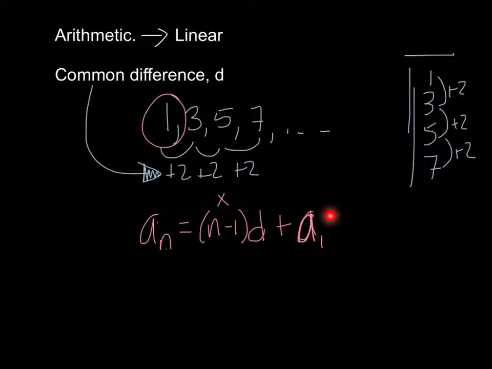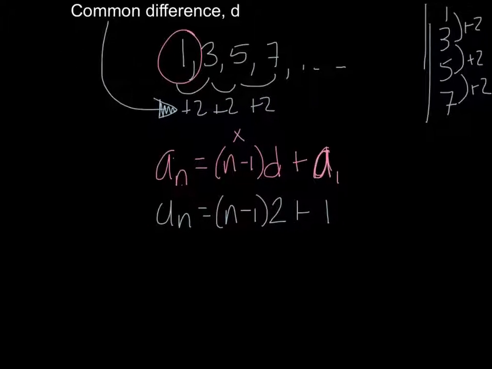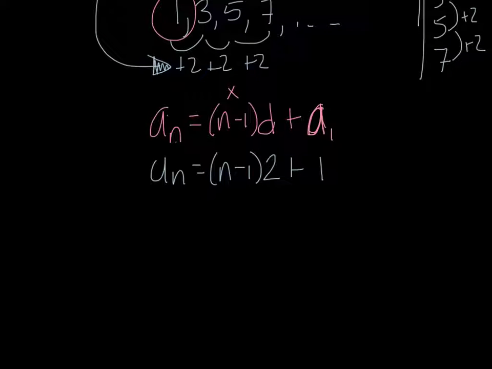So for this problem up here, the general formula would be a sub n equals n minus 1 times d, which is 2, because we're adding 2 every time, plus the first term, 1. Now if we were to simplify this all out, I could take that 2 and multiply it through, so 2n minus 2 plus 1 equals 2n minus 1.